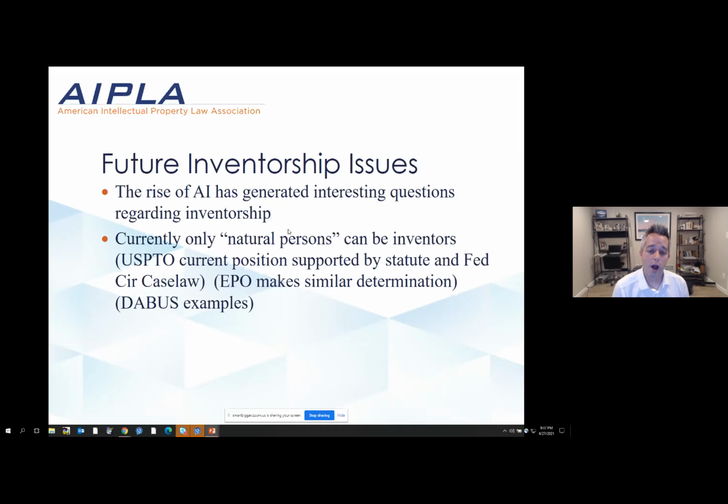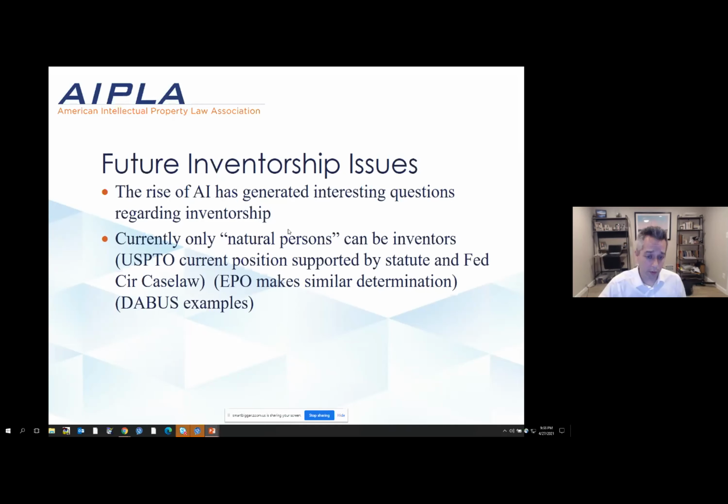The rise of AI has generated these really interesting questions in IP. We recently had some cases go before the USPTO and the EPO, these DABUS examples, where essentially the applicants forced these institutions to make a determination about whether an AI can be an inventor.